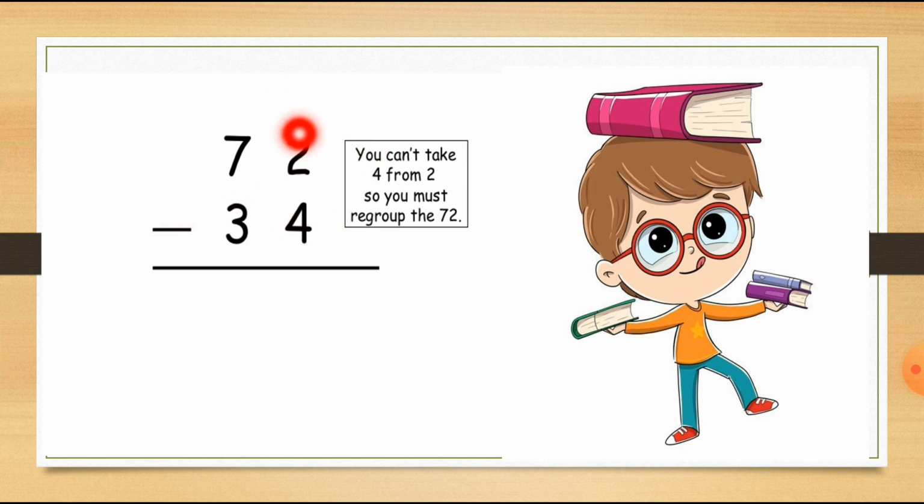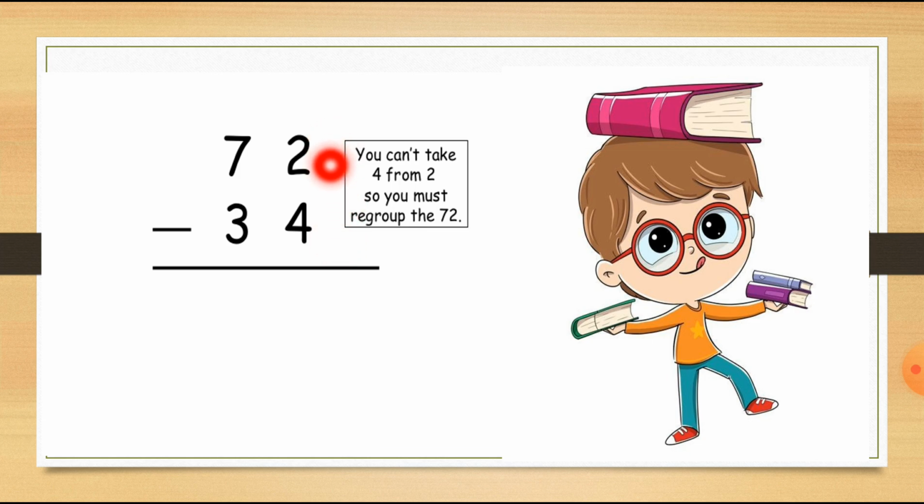We check this way: the ones column, as we start with the ones value. Here we are checking the ones value. You can see this through this red dot. So here the first digit is 2 and the second digit is 4. Here the first digit 2 is the small digit, and 4 is the big number.